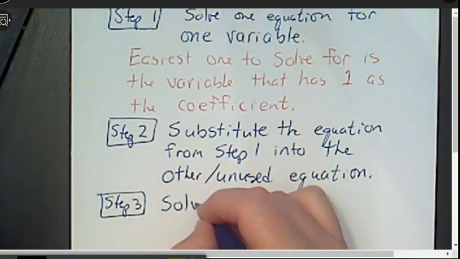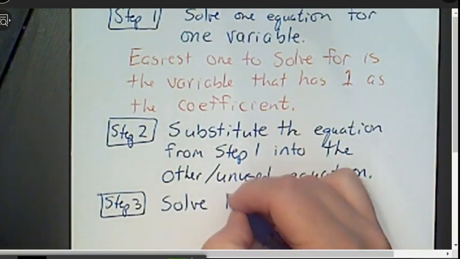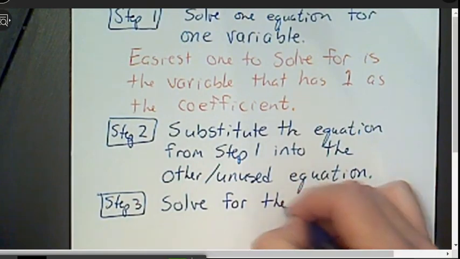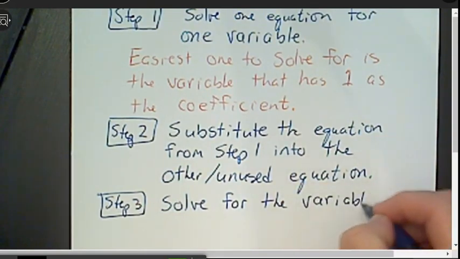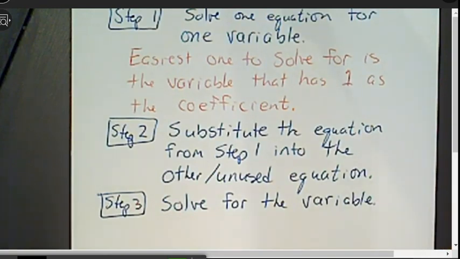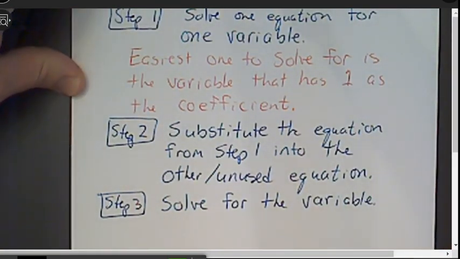When you do that, you're only going to have one variable left. So take that equation and solve for the variable, because you're going to have either x or y depending on which way you plug in.